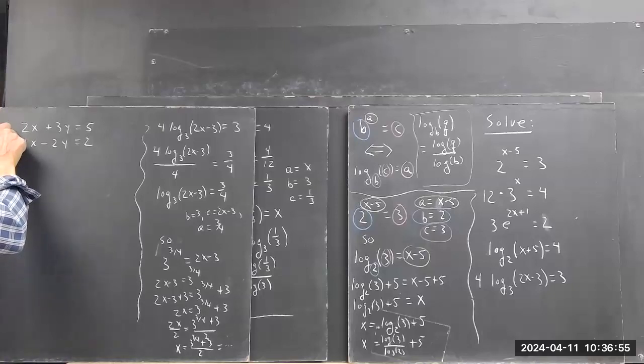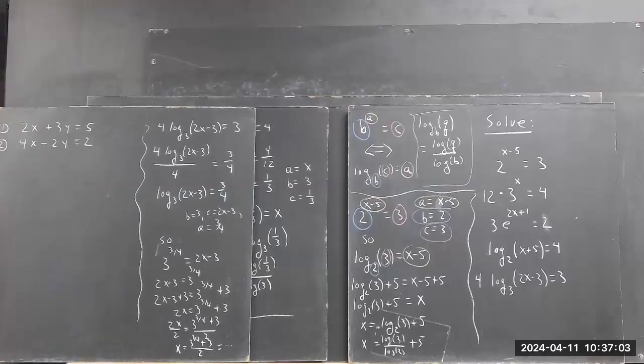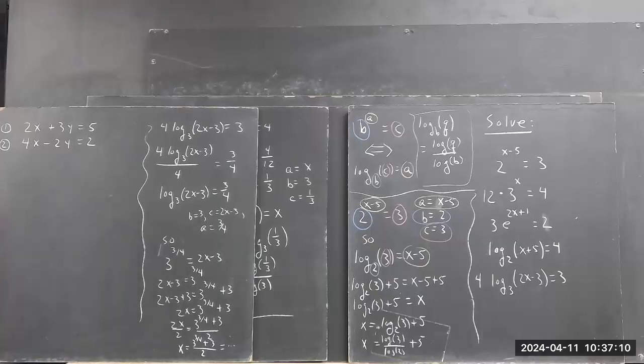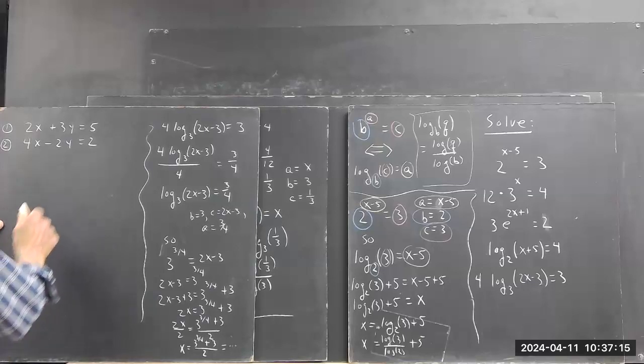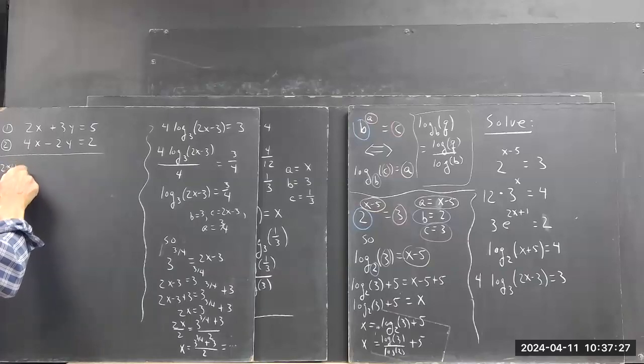We're going to call this equation 1. We're going to call this equation 2. Now I write -2 times equation 1.